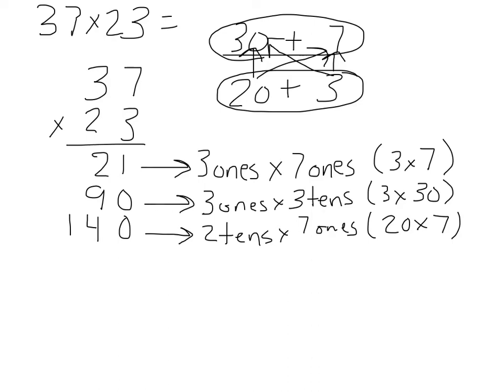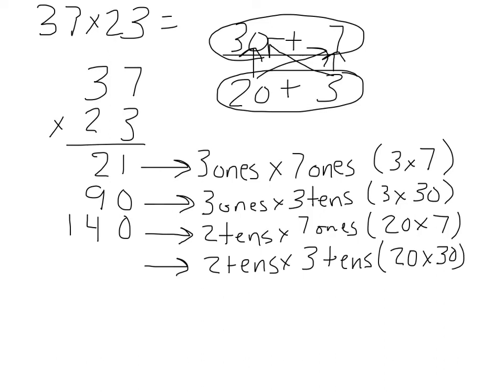And then the last piece, I'm going to multiply both of the tens, so 2 tens times 3 tens, so 20 times 30. And so the students know also, if they multiply 2 times 3, that's 6. I have 2 zeros in my factors, so my product is going to move 2 places to the left. So this is really 600.